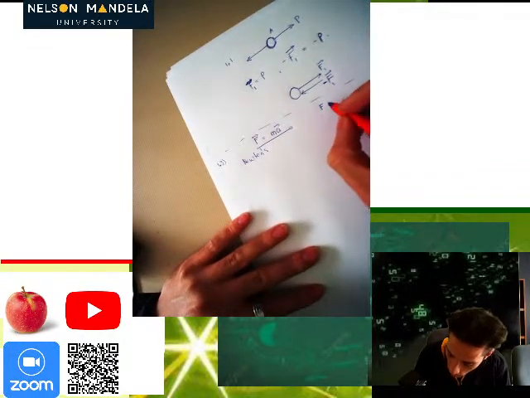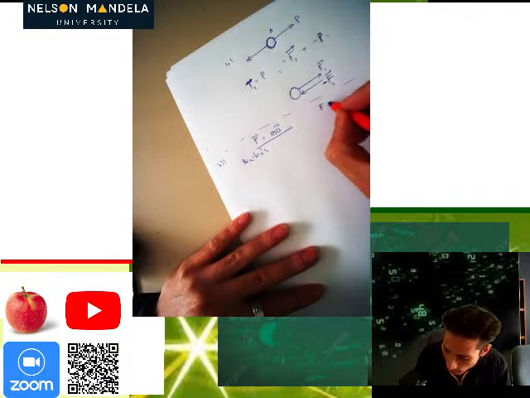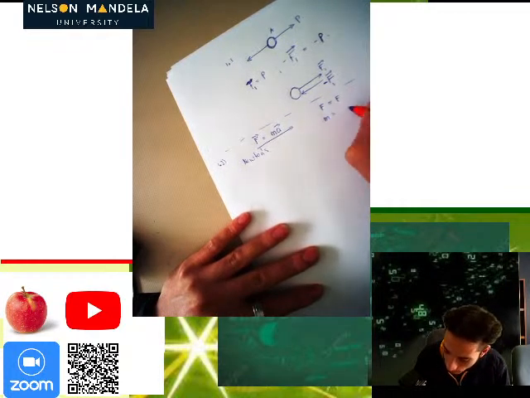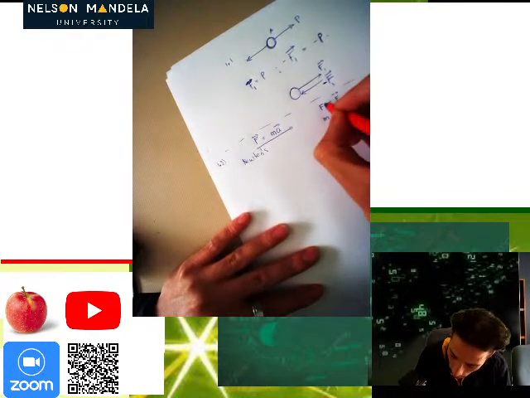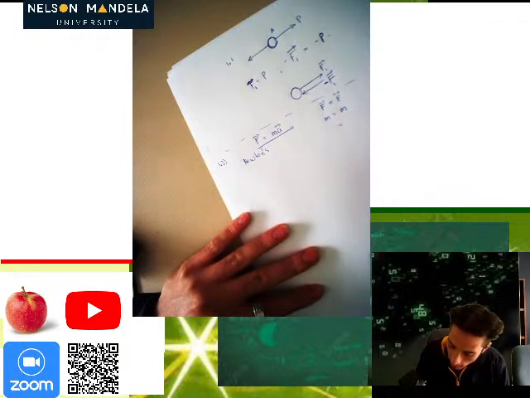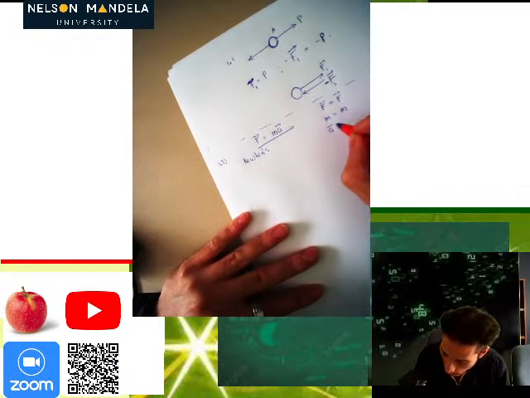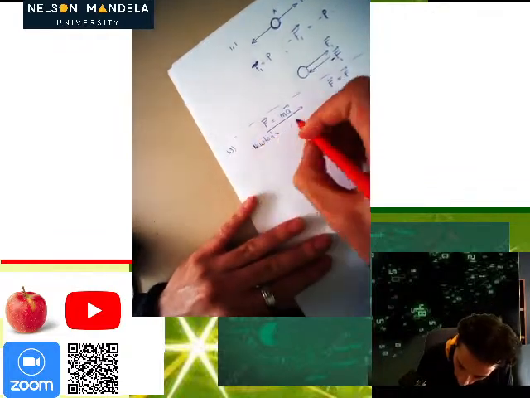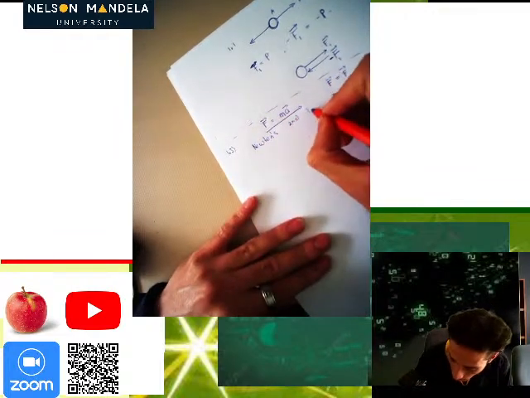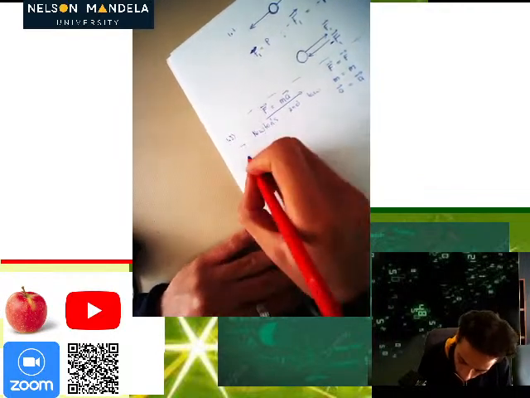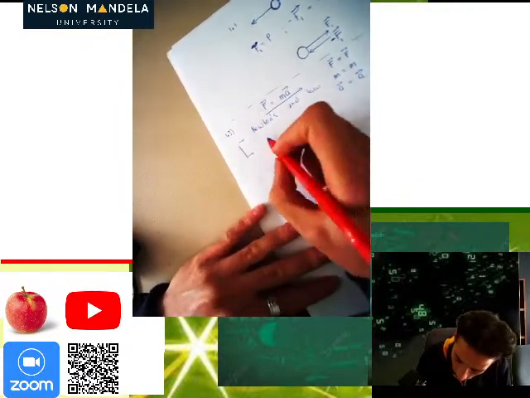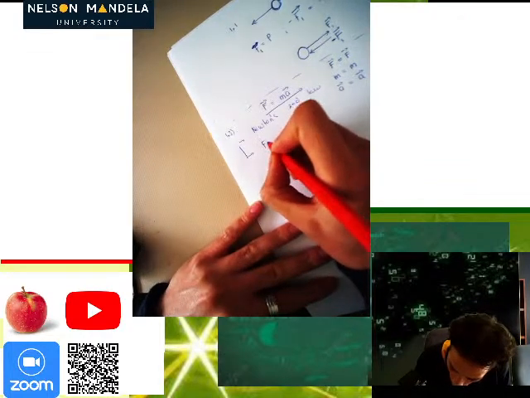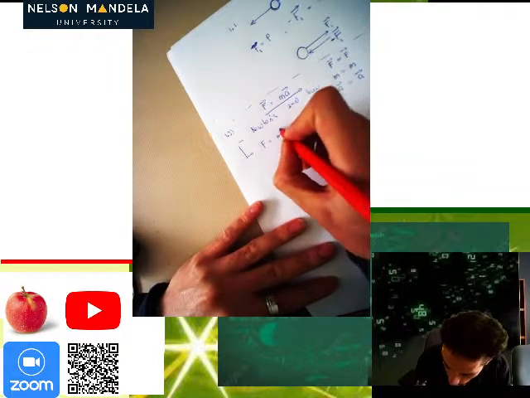If we let force be equivalent to force, mass be equivalent to the mass that was given, and acceleration be equivalent to the acceleration that's given, then by Newton's second law we have force equivalent to mass times acceleration.